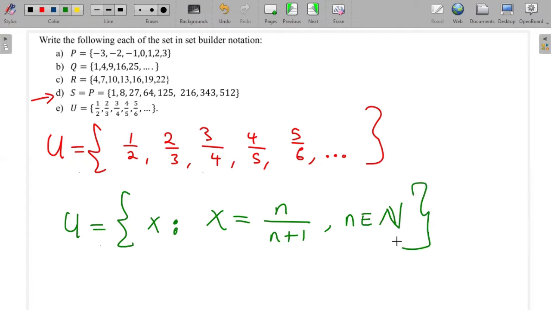As simple as that. You represent that set in set builder notation like that. Then you found the answer. If I get my first natural number, which is 1, my x will be 1 over 1 plus 1, which is 1 over 2, which is what we have there. And the next one keeps increasing just like that. This is a very common question, so make sure you know it.